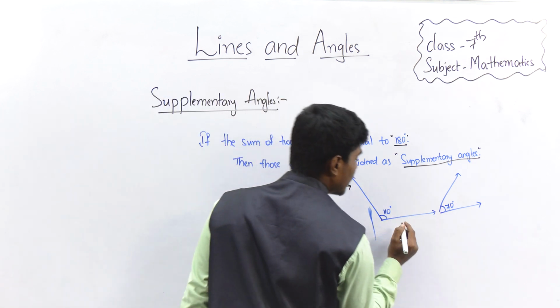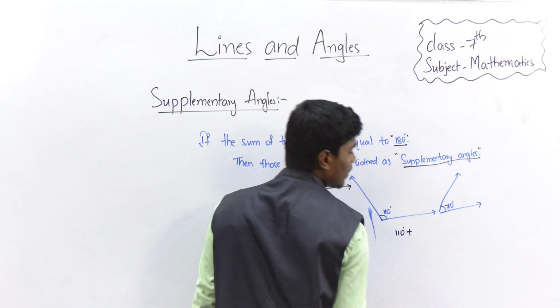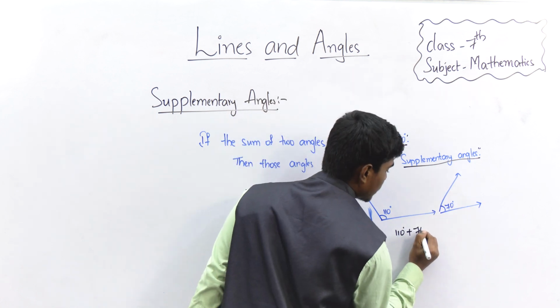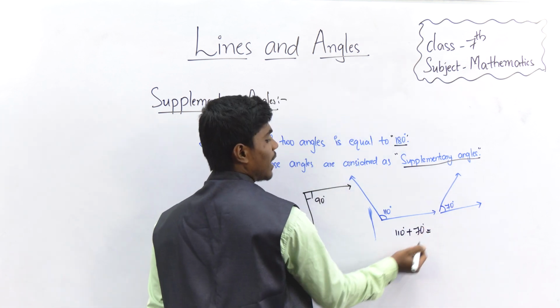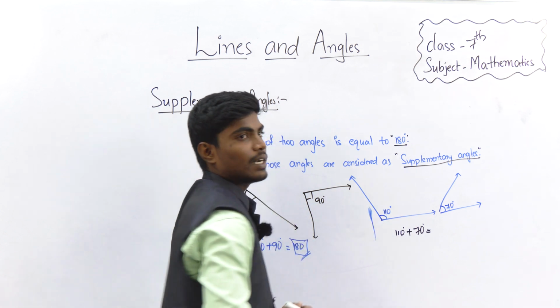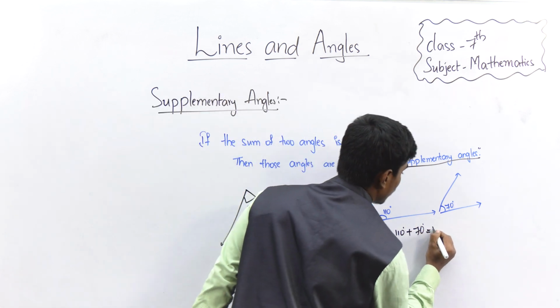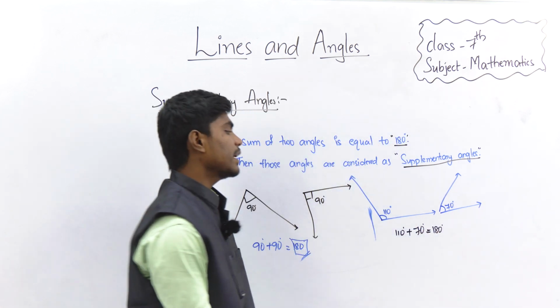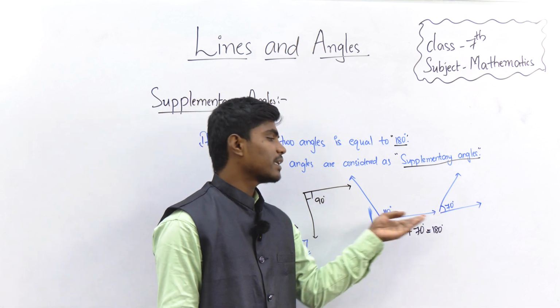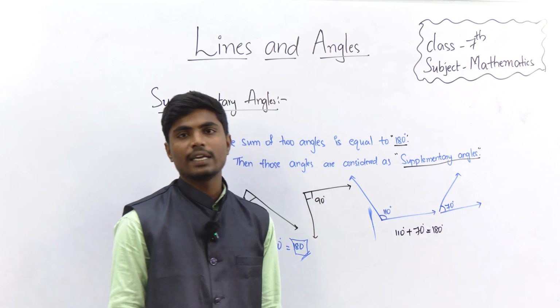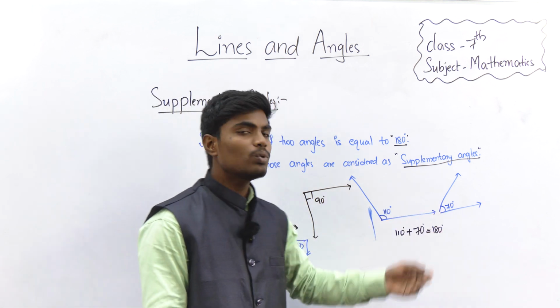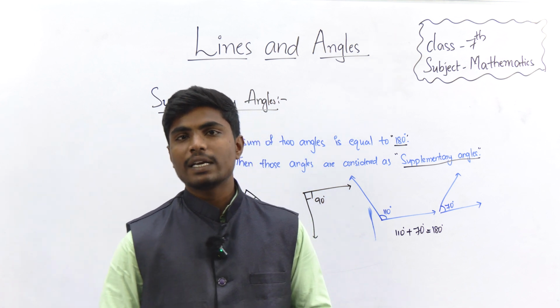The sum of these two angles, 110 plus 70, is 180. So the sum of the two angles is equal to 180, and these two angles are supplementary angles.